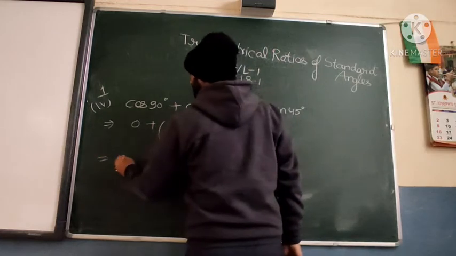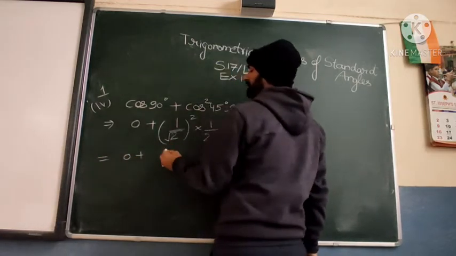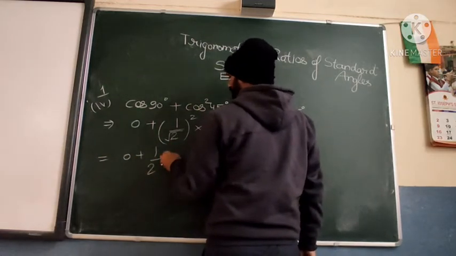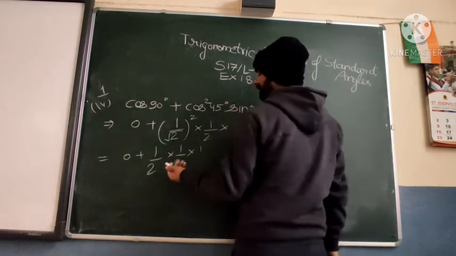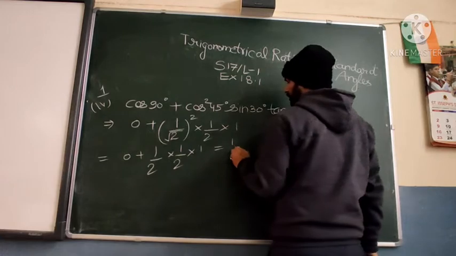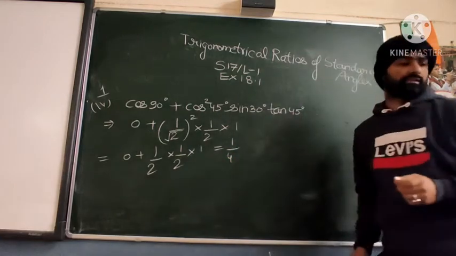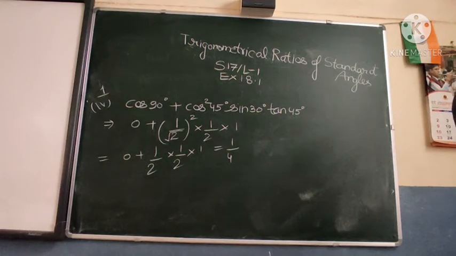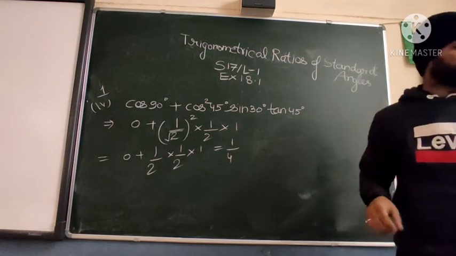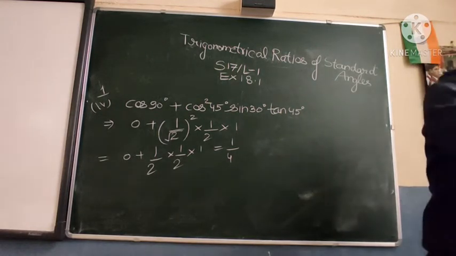That means 0 plus square of 1 by root 2 is 1 by 2, into 1 by 2, into 1. Zero plus anything will be that only, so 1 by 2 into 1 by 2 is 1 by 4. That should be the answer of first question, fourth part. Let's verify this one. Yes, 1/4. Moving on to the next question.